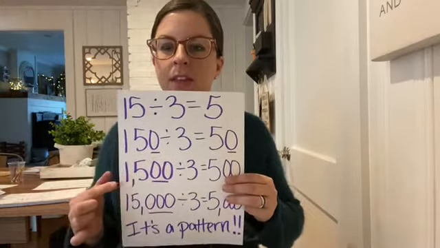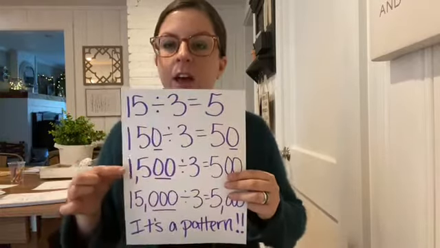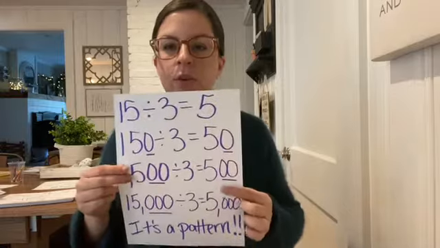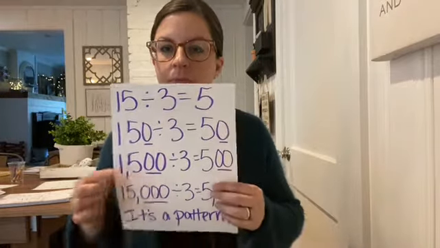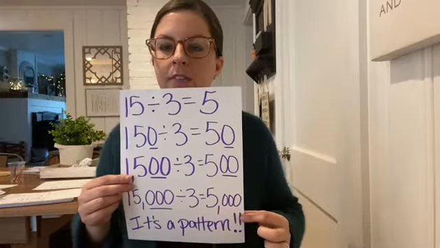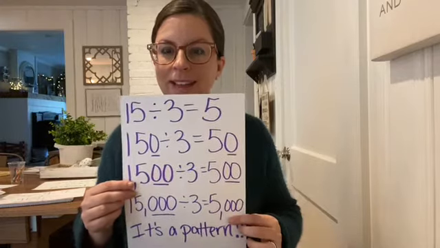If 15 divided by 3 is 5, then 1,500 divided by 3 is going to be 500. See, they have the same number of zeros. 15,000 divided by 3 would be 5,000. Same number of zeros. Got it?